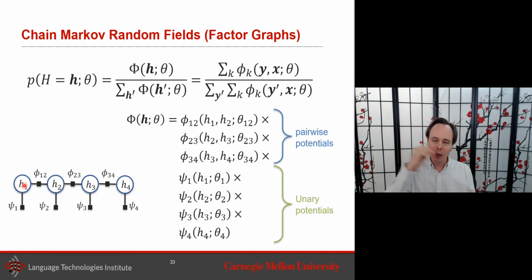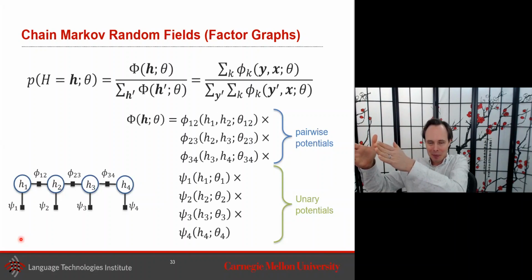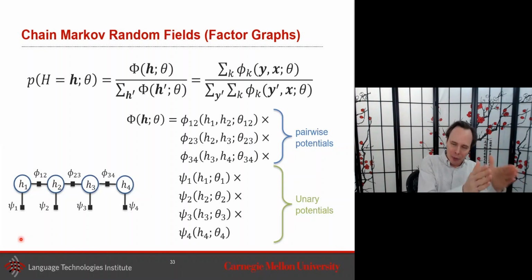It doesn't have a direct link to the label. Maybe this will in fact be predicting a sequence of happy. So the label will be more like you're going to have one model, maybe a Markov random field for happy, and then a Markov random field for sad.